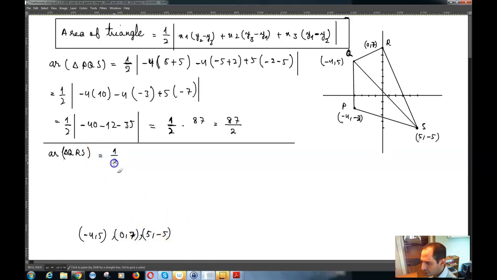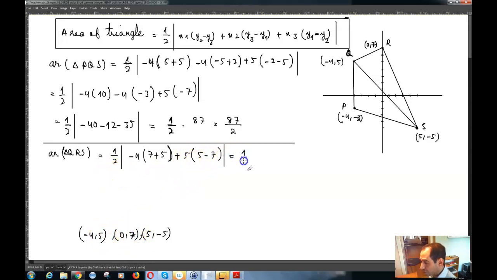So that's equal to 1/2 times the absolute value of x1, which is negative 4, times y2 minus y3, 7 plus 5, plus x2. x2 is basically 0, so I don't have to write it, and x3 is equal to 5 times y1 minus y2, which is 5 minus 7.